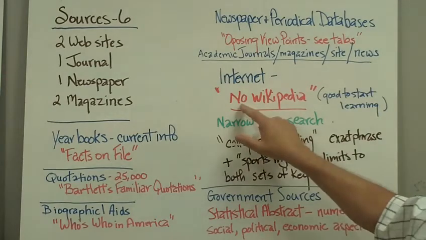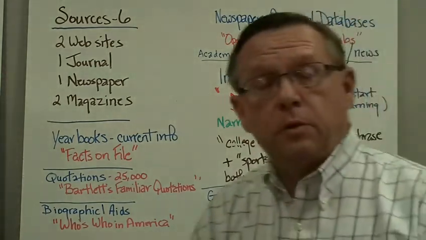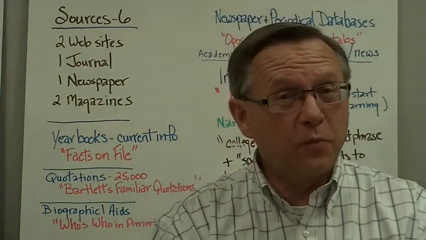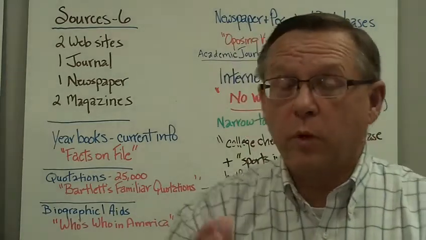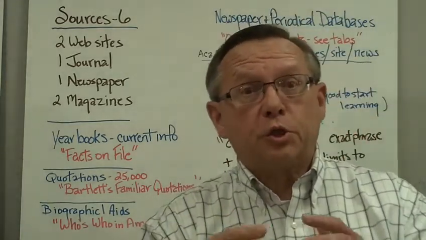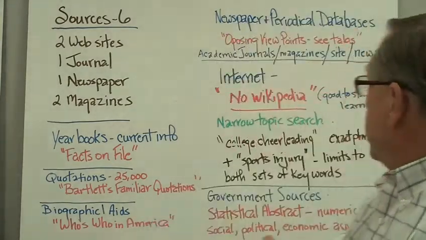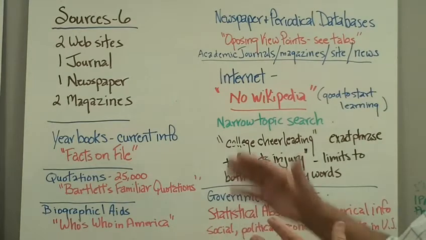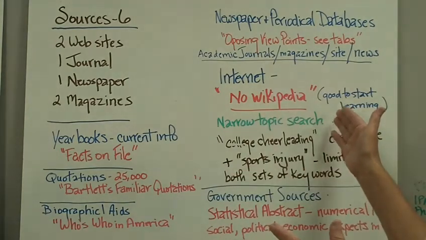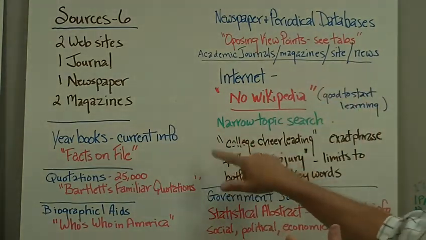Now please note, no Wikipedia. Do not give us a citation from Wikipedia. However, Wikipedia is a good place to start gathering information about your topic that will lead you to other reliable sources for your citations.